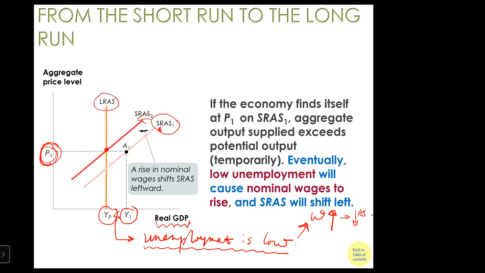Price is high, so you produce a lot, meaning the labor market is very tight and you can't find the workers you want. Then you must raise wages, and if you raise wages, that's going to reduce the aggregate supply. So we are going to see a movement from short-run aggregate supply 1 to short-run aggregate supply 2 until we reach here.